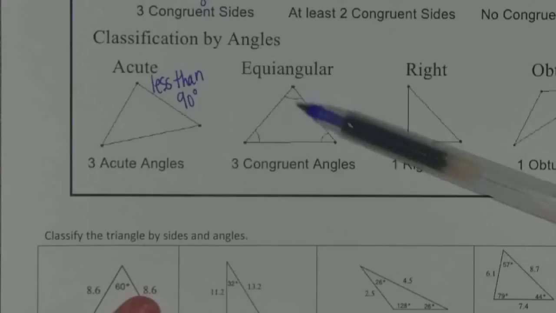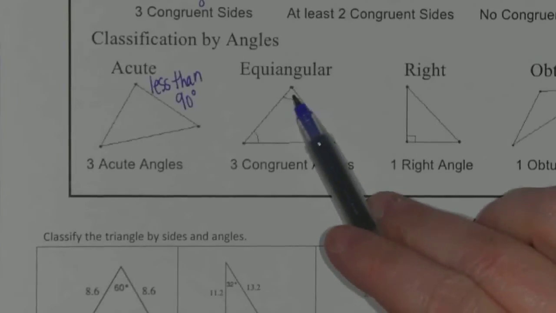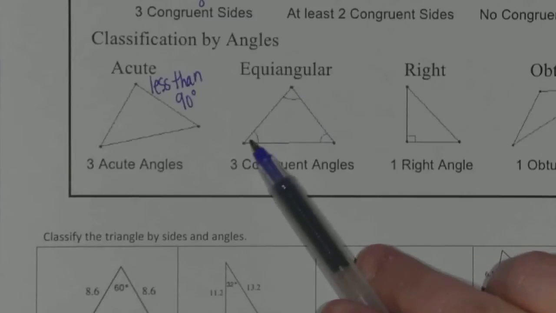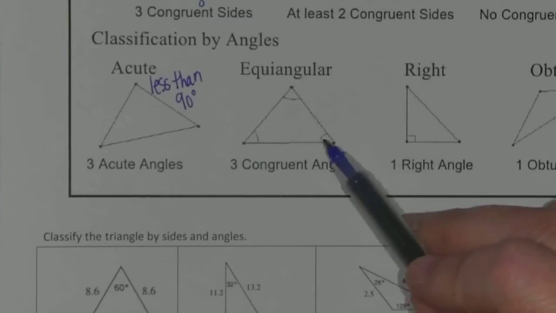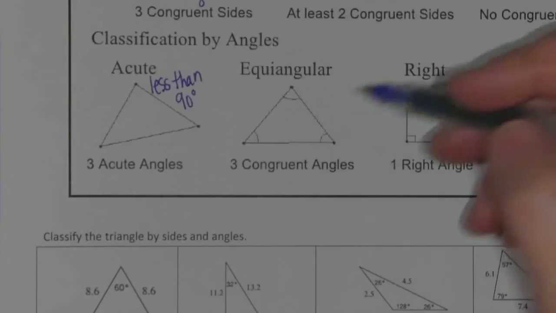Equiangular means all three angles are equal. If all three angles are equal, we can actually know what those three angles measure. There's 180 degrees in a triangle, and it has to be split 3 equal ways. So what do these angles measure in an equiangular triangle? Do 180 split 3 even ways? 180 divided by 3. 60.